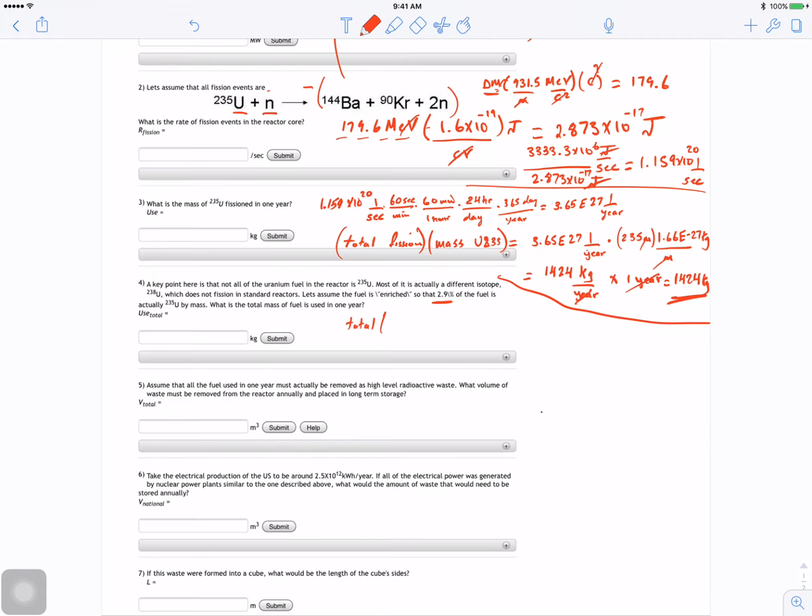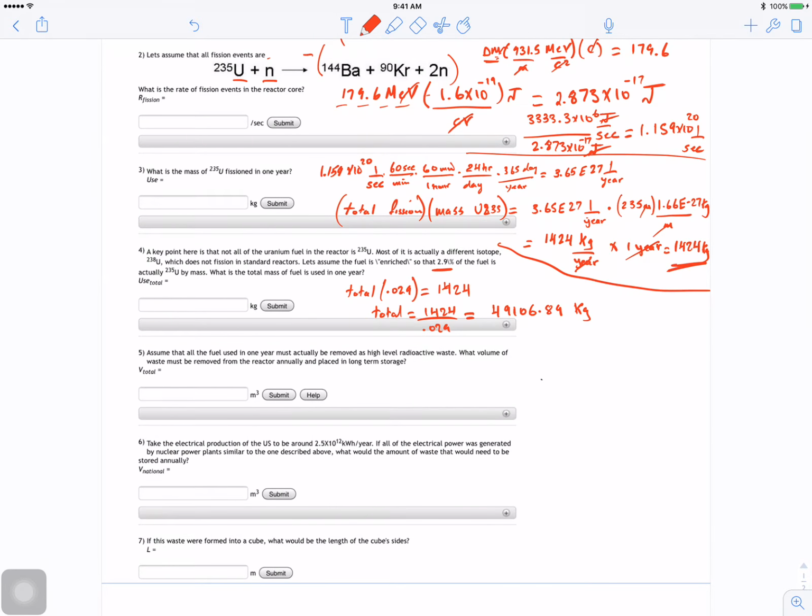The total times 0.029 is going to be equal to the amount we got, which is 1424. So the total mass will be 1424 divided by 0.029, which is equal to 49106.89 kilograms. That's the total mass that we have.